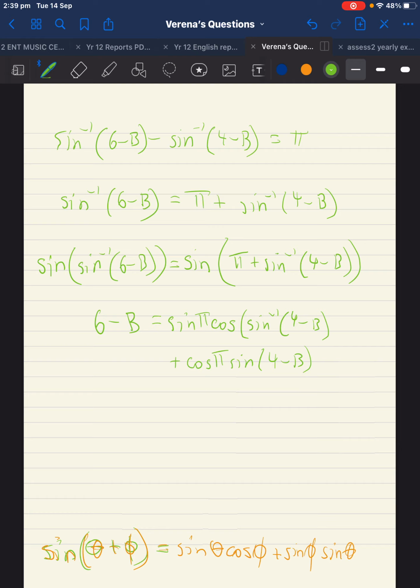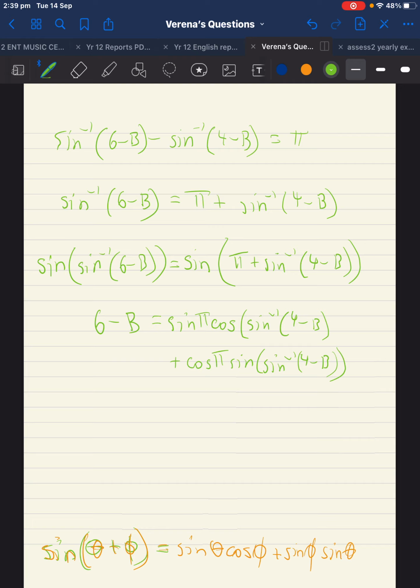Now, sorry, sine of sine of inverse sine 4 minus b.